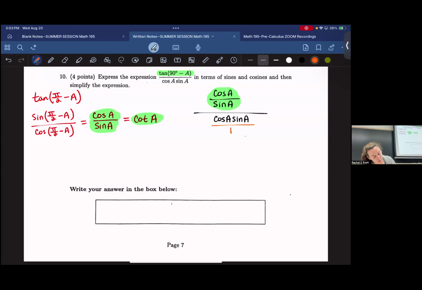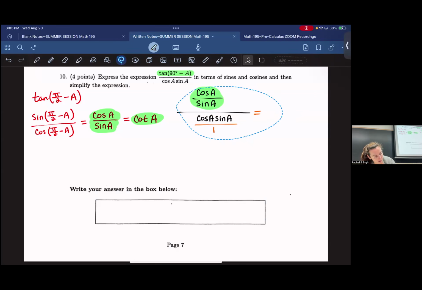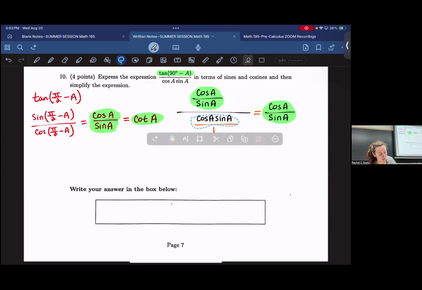And when we do, that's the same as cosine a over sine a times 1 over cosine a sine a.